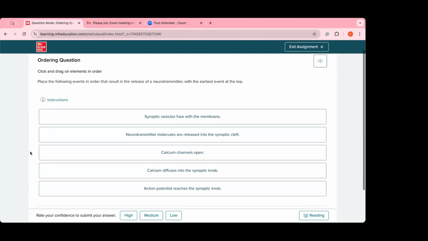Click and drag the elements in order. Place the following events in order that result in the release of a neurotransmitter.